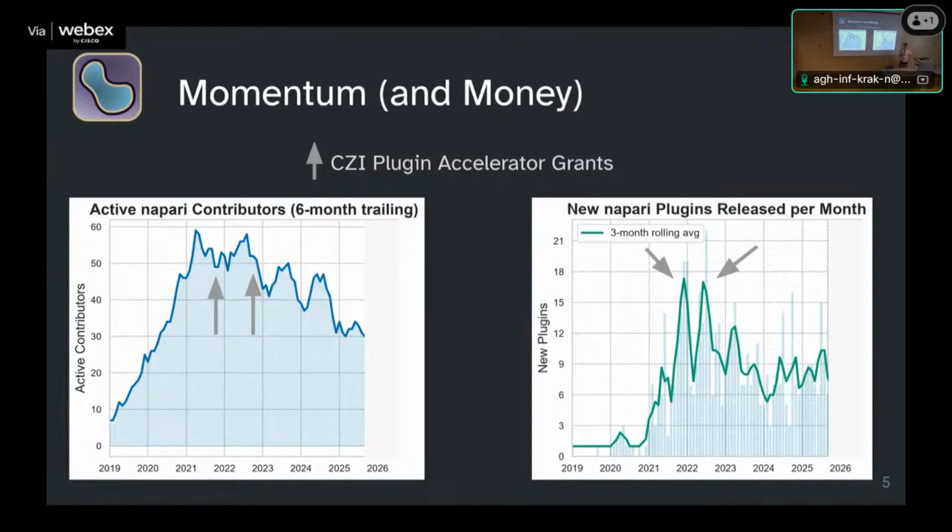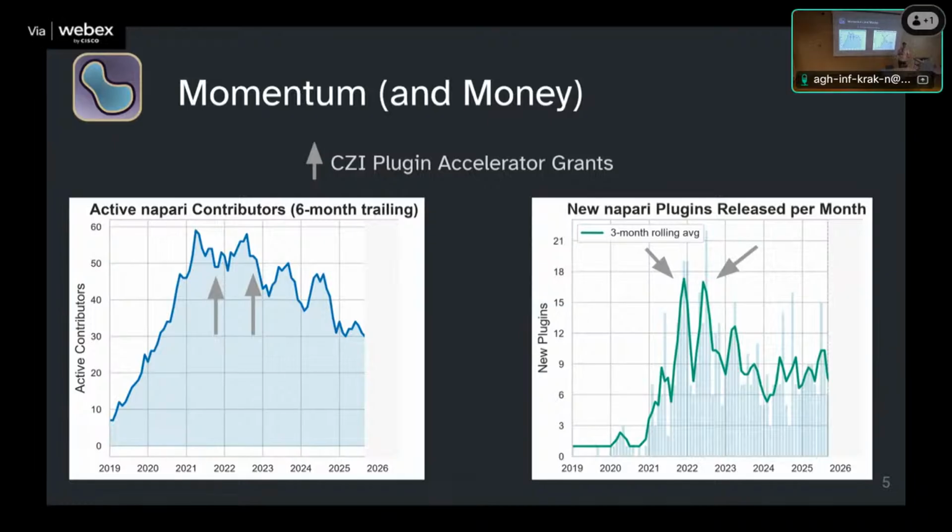The plugin construction machinery had just been built, and CZI really wanted this to be adopted in the community. So not only did people start to contribute to Napari, but as we can see on the right, matching the period of time these plugin grants were released, many people started to make plugins.